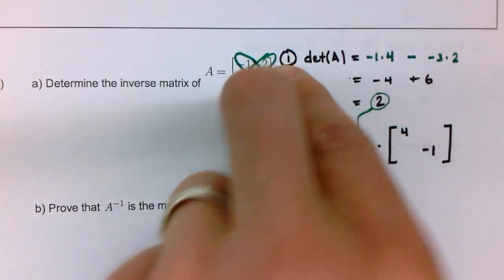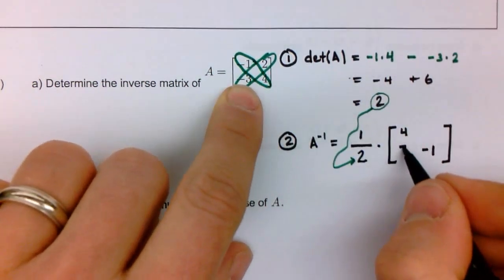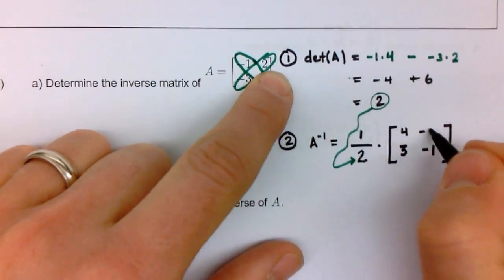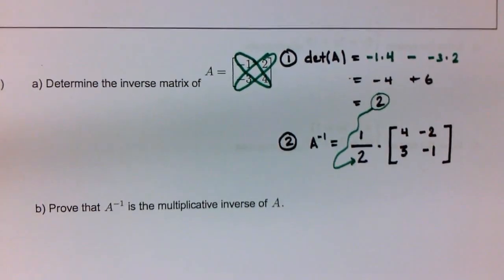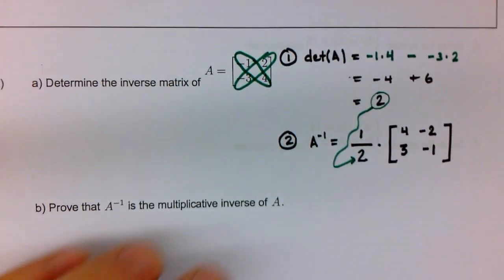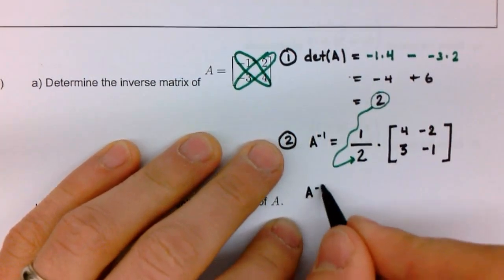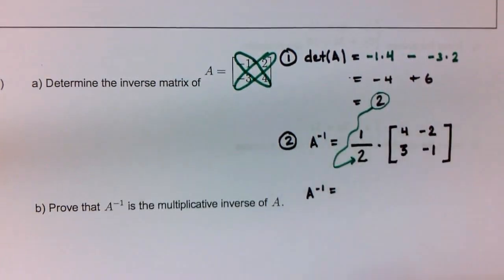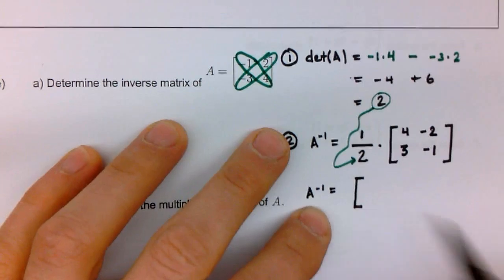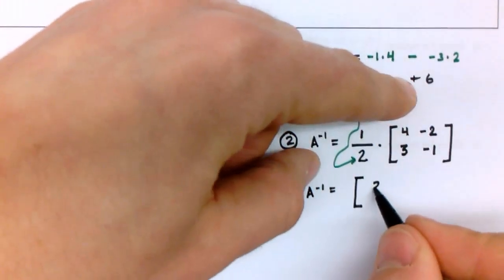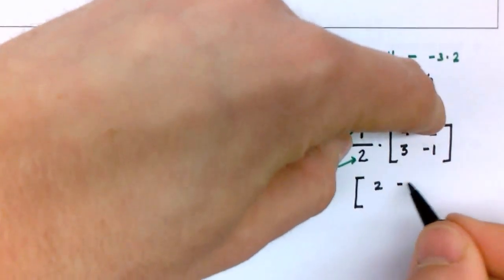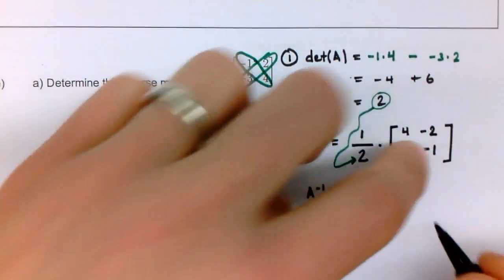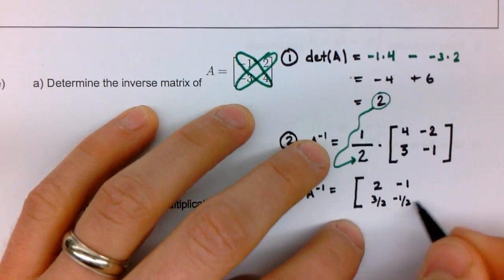Up diagonal was negative 3 and 2. So the 3 goes positive. You change the sign. The 2 goes negative. There's your inverse matrix. I do want you to clean it up by getting rid of the fraction. And anytime you're doing scalars, that just means you multiply it through. So our matrix would end up being half of 4 is 2, half of negative 2 is negative 1, half of 3 is 3 halves, and half of negative 1 is negative 1 half.